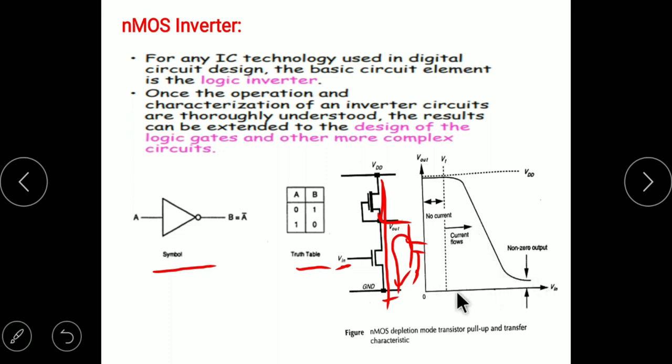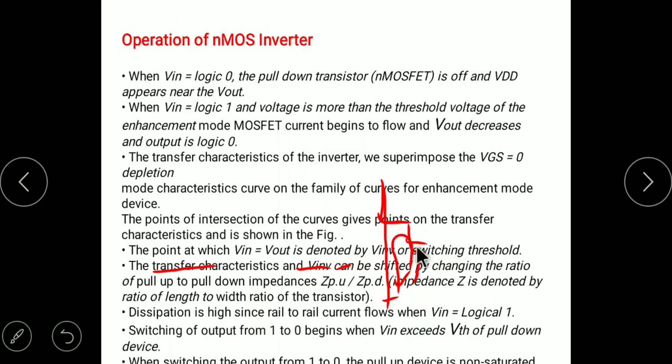For lower input we get high output, and for higher input we get low output. So this is the inverter operation. It is an NMOS inverter because we are using only NMOS transistors in this circuit. This is the operation of the NMOS inverter we have discussed.